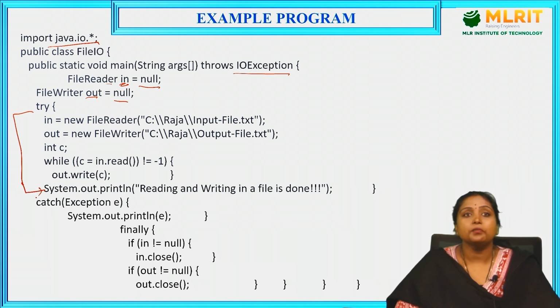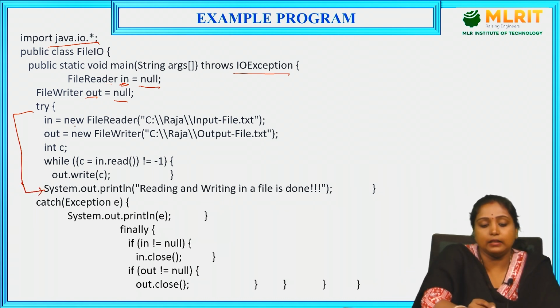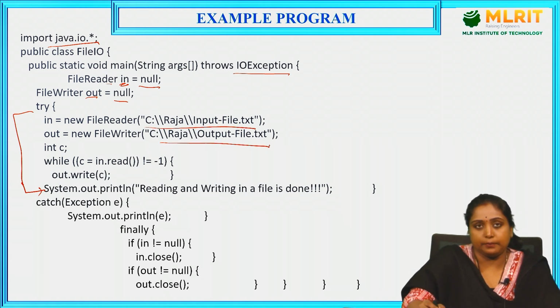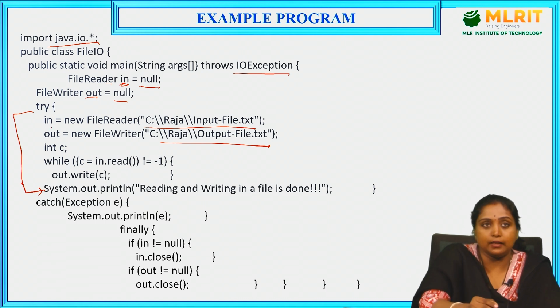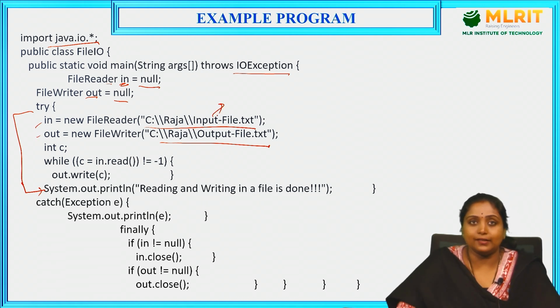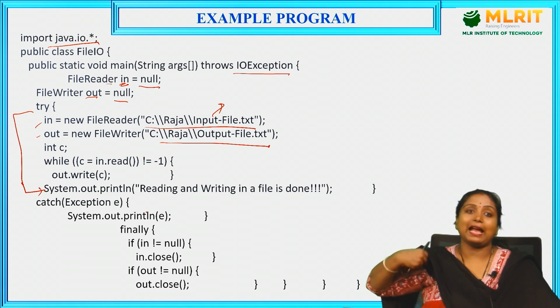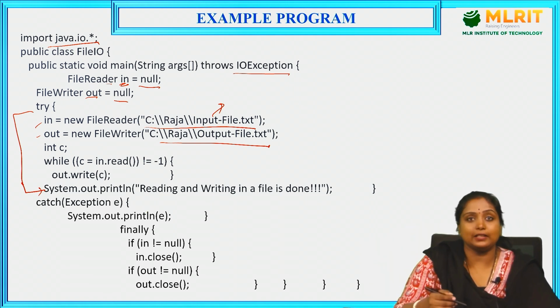So I'm taking in equals new file reader of input file and output file. If the input file does not exist, it will throw an exception, isn't it? So it has to intimate the catch block. The catch block will catch the exception and it will return you an error.